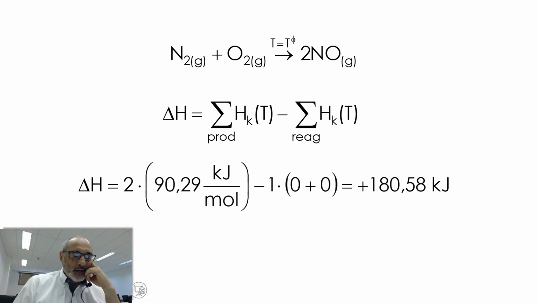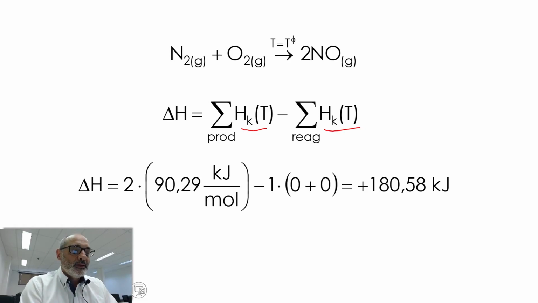If we make all the calculations, for instance, if I look at the enthalpies of oxygen, nitrogen and nitrogen monoxide, I have these numbers. Those are charted data.